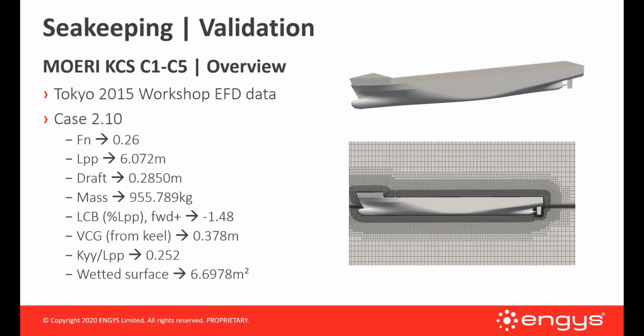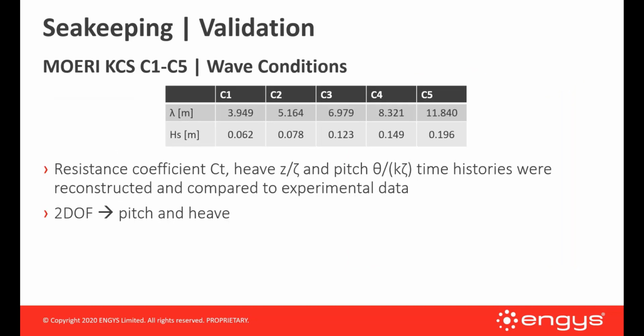We have 5 different cases of wave conditions, and this is again a model scale for which we have experimental measurements available from the workshop website with mass and inertial properties and all the different geometry and conditions provided.